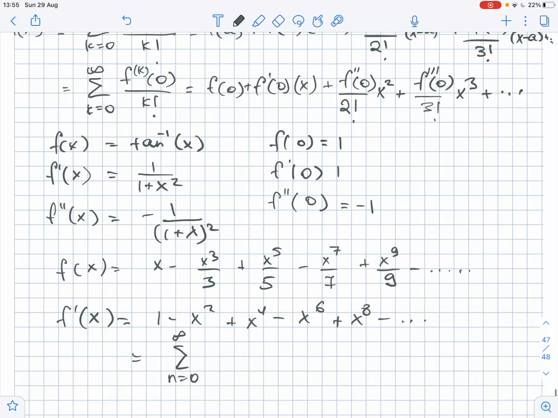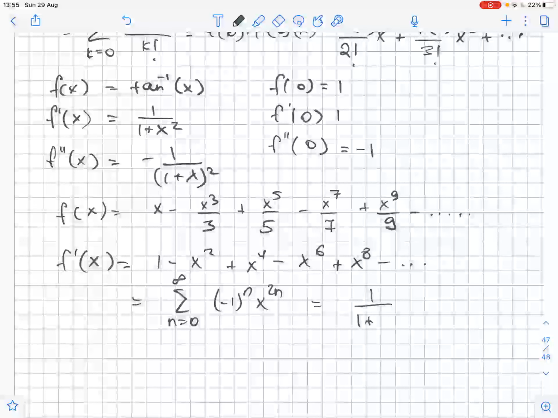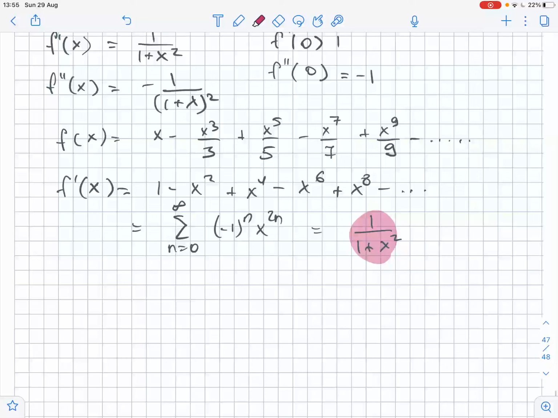So it equals the sum from n equals 0 to infinity of negative 1 to the nth power times x to the power of 2n, and it equals 1 over 1 plus x squared. So the derivative of f of x represents a series of the function f prime of x equals 1 over 1 plus x squared.